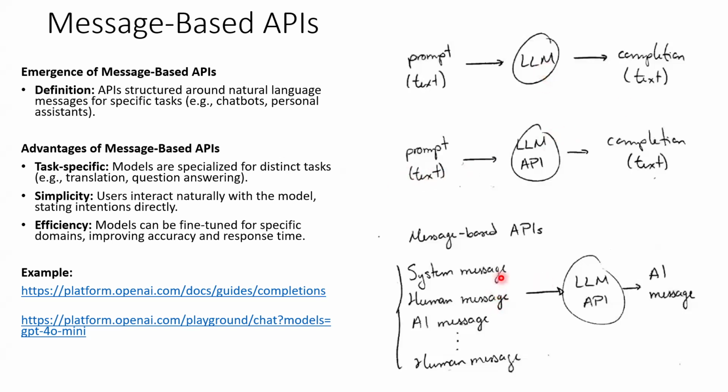Now, what these LLM providers have done is they have created another layer which is called message based APIs. And this is by intention, although there is a small bump up in the complexity, but it is very useful because we are building the applications more conversational, right?